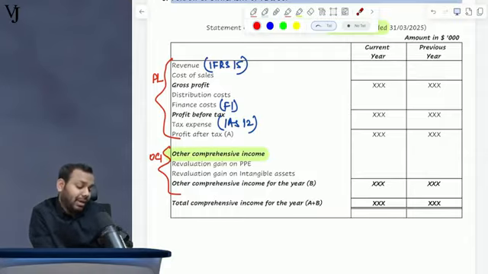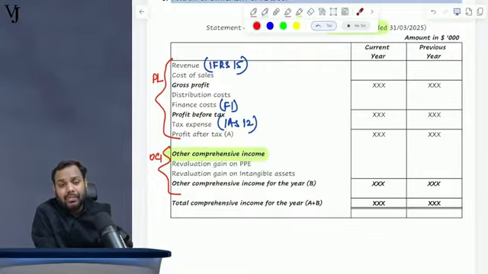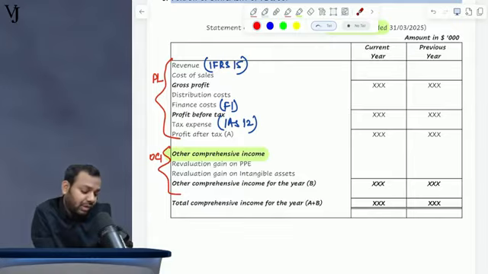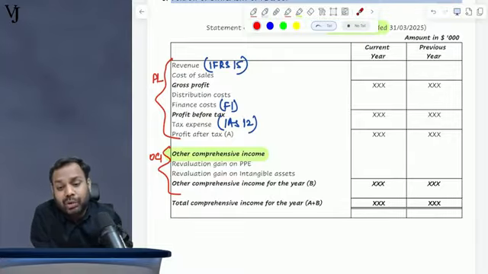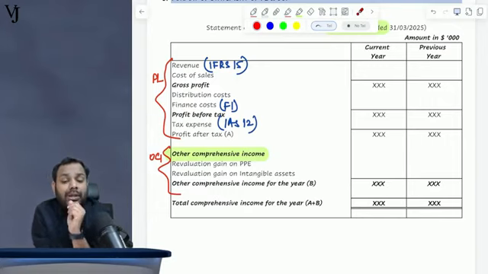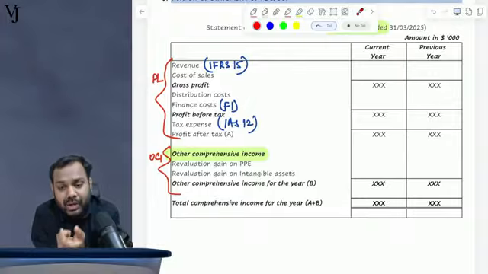So understand, ideally other comprehensive income, the intent of the accounting standard setting board was just to make it for disclosure purposes. Why? Whenever there is a movement during the year, we have to account for it somewhere.